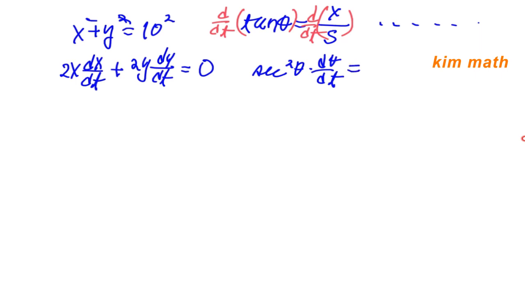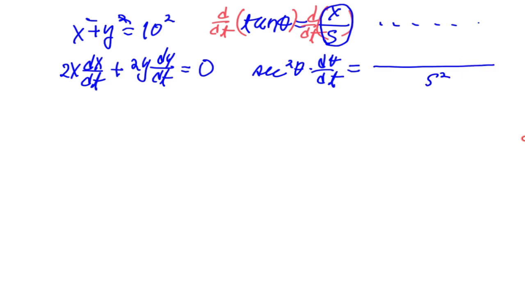It equals, and what is the form of this one? This is a quotient, so we can use the quotient rule. In your denominator, you have s squared.